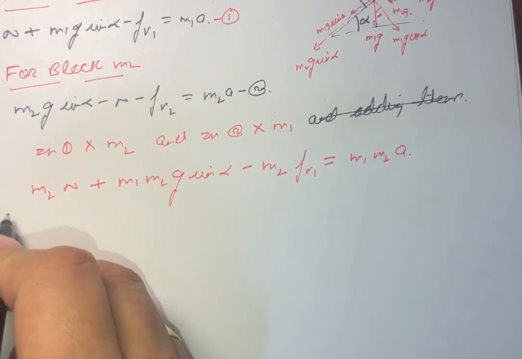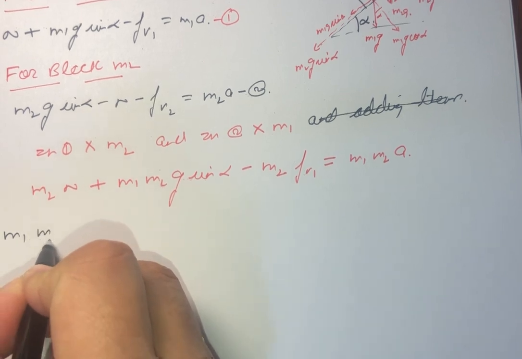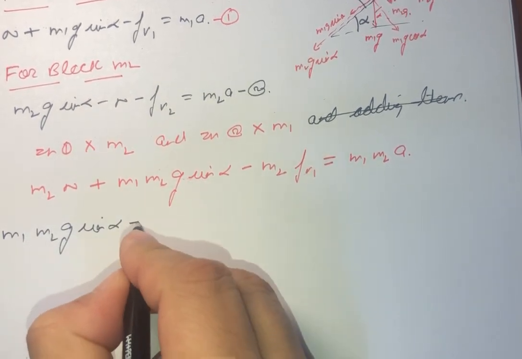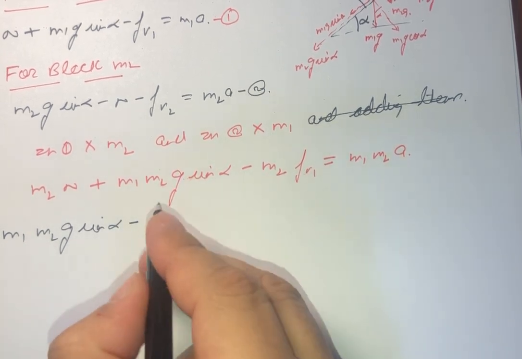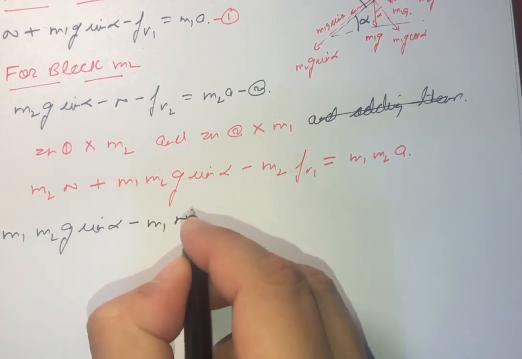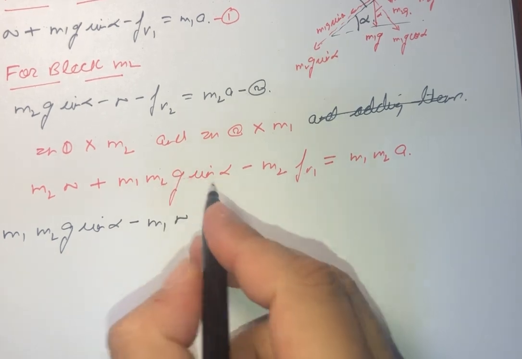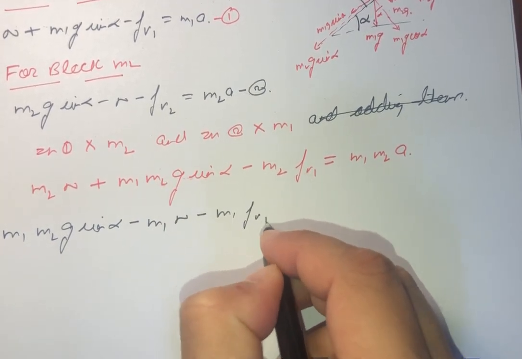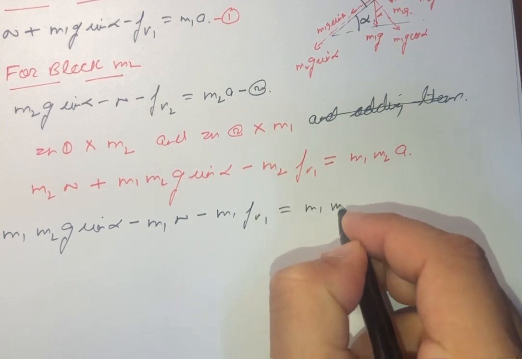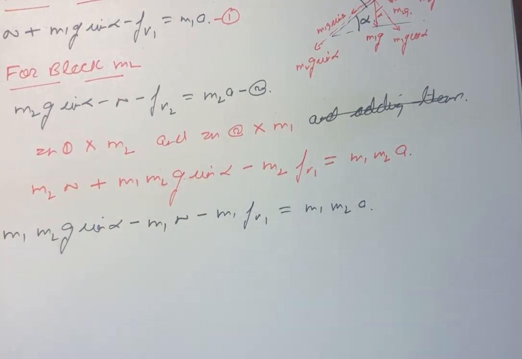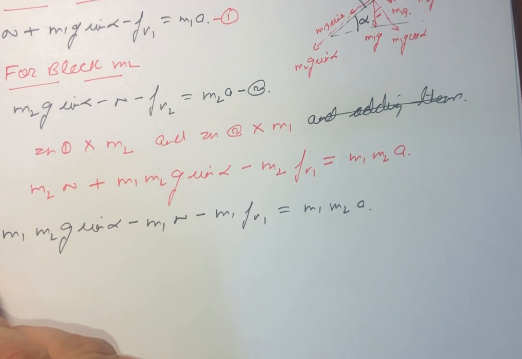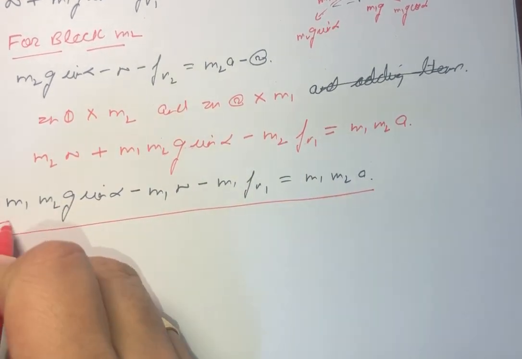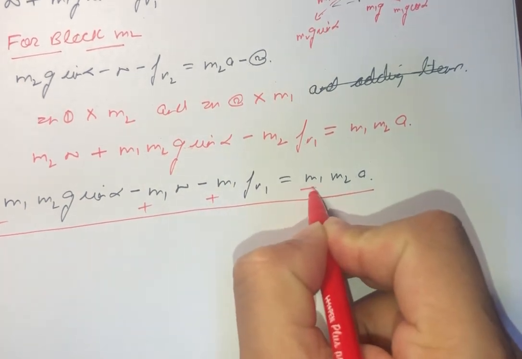So now we multiply this with m1: m1 m2 g sin alpha minus m1 n minus m1 fr2 is equal to m1 m2 a, and we are going to subtract them. That was a mistake on my part. So the signs are minus, plus, plus and minus.